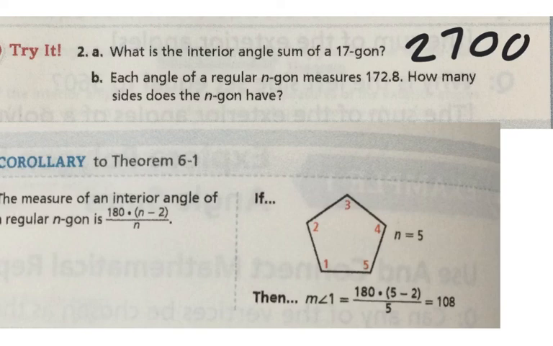So now I need to get the n's on the same side. So we can subtract 180n from both sides. If I do that, this cancels, and I'm left with a negative 360. Don't forget, the sign in front of the number stays with it. So I have to bring that negative down. And then what's 172.8 minus 180?